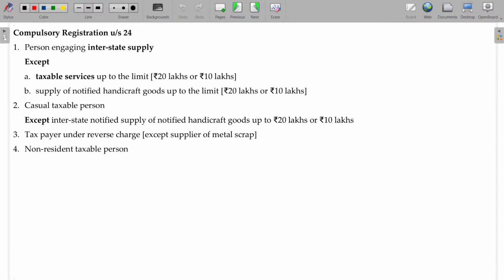Now let me finish up section 24 and then I will go for section 23. So section 24, compulsory registration under section 24. Person engaging in interstate supply should register himself.